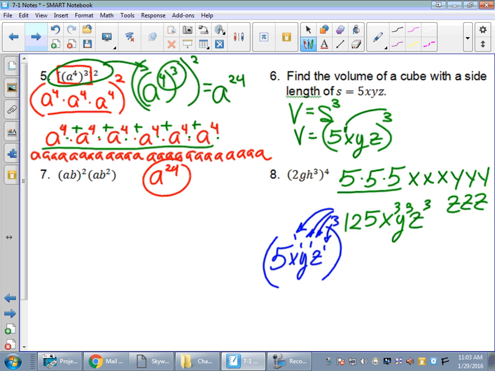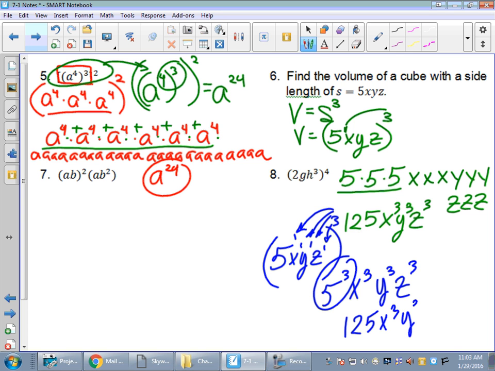So 5 to the first cubed becomes 5 cubed. X to the first cubed becomes x cubed. Y to the first cubed becomes y cubed. And z to the first cubed becomes z cubed. So the only thing that we'd have to clean up is the 5 cubed. The hardest part of these a lot of times is the number. You're going to mess up that 5 cubed more than you're going to mess up the other variables.